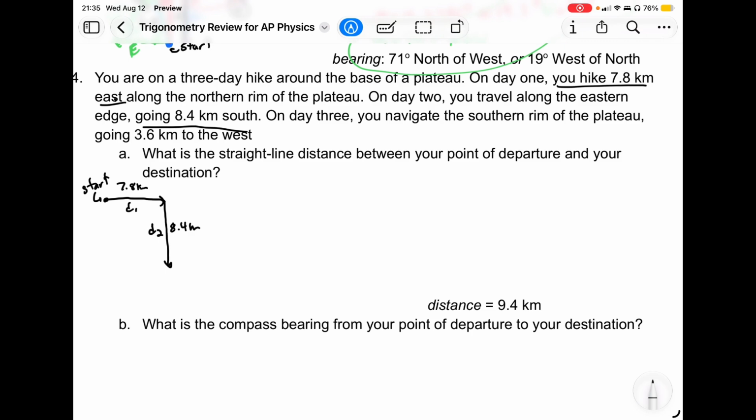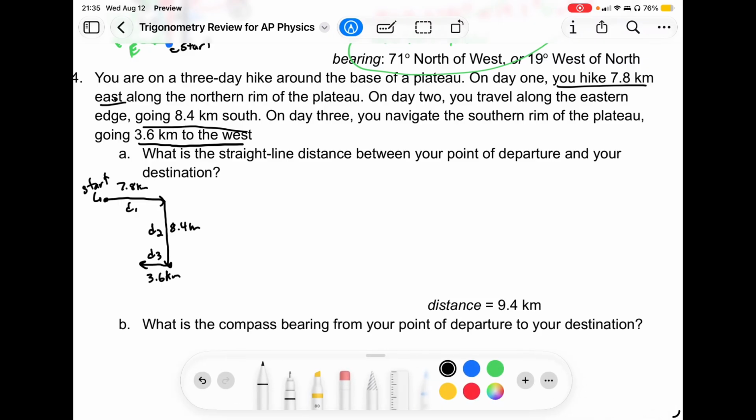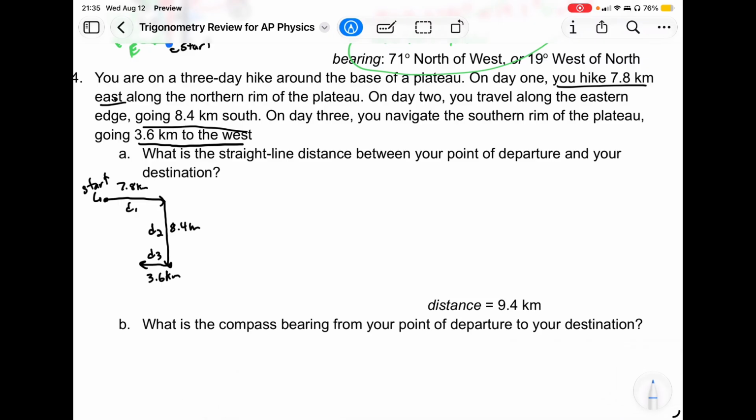And finally, on day 3, apparently we were pretty tired, so we only went 3.6 kilometers, but we went 3.6 kilometers to the west. So now we're going the opposite direction of that first day. And that's what we'll call D3, which is our distance we traveled on the third day. All right. So this gives us an overall vector, a displacement from our start to our finish, which I didn't label end.